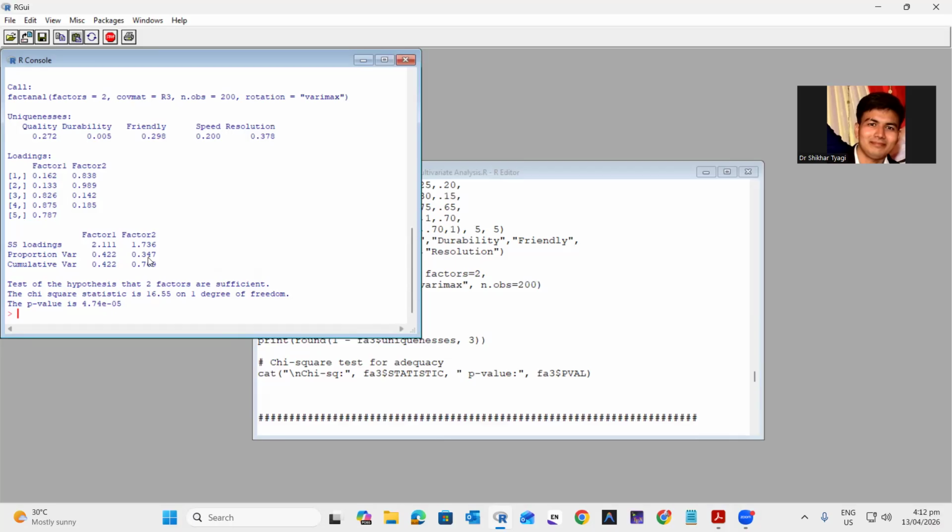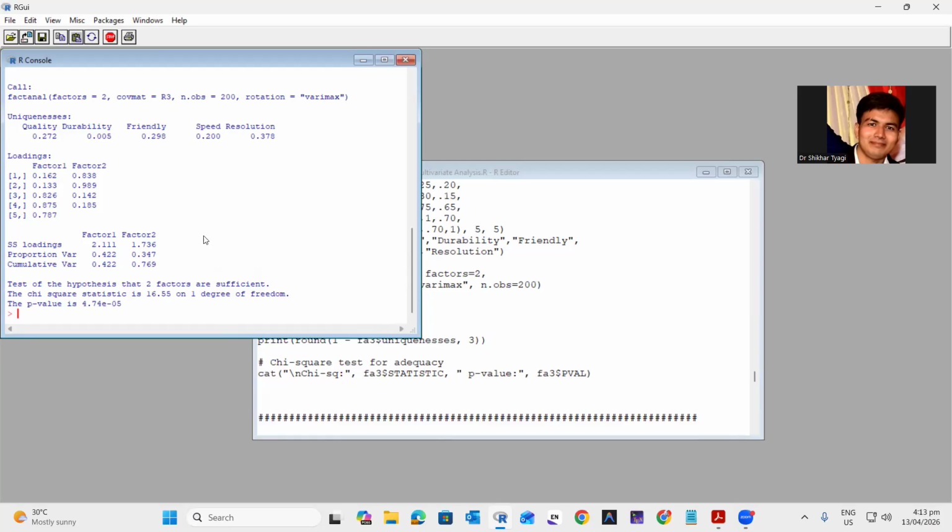It means factor 1 explains 42.2% of the total variance and factor 2 explains 34.7%. The cumulative variance is 0.422 and 0.769, so the two factors together explain 76.9% of the total variance. That is a fairly good result here.